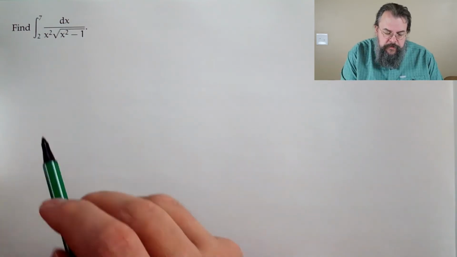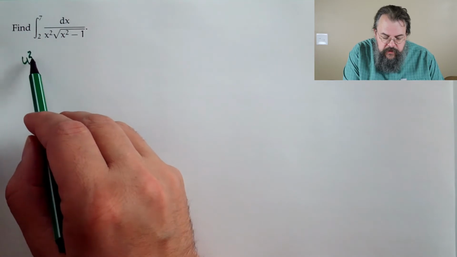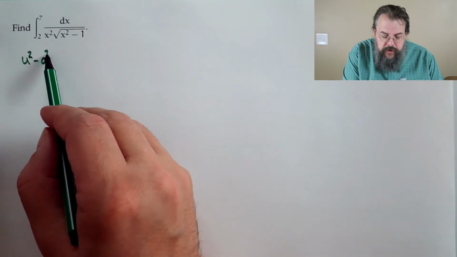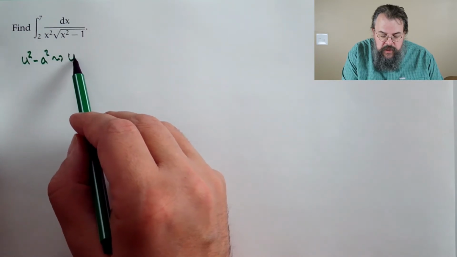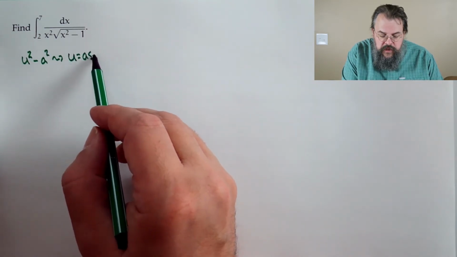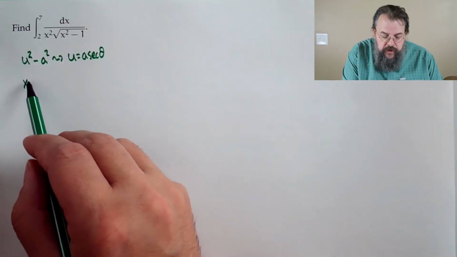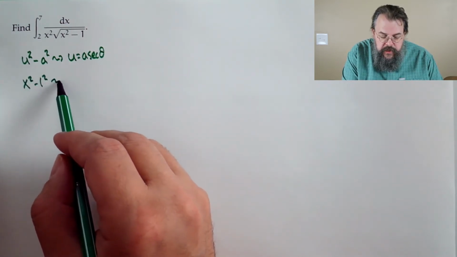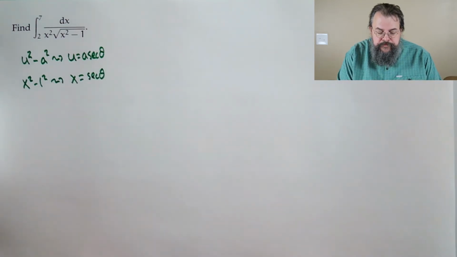The format we see is the part that varies squared minus number squared. And when we see that, you should be thinking of the substitution secant.